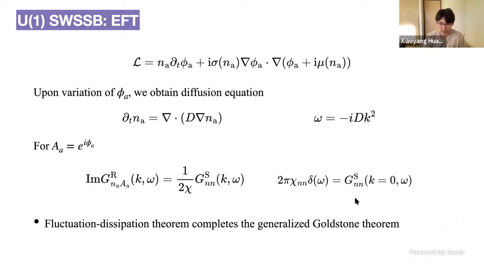Another way of putting this is that if you have a canonical ensemble, like in the U(1) case, you get a superposition of different points on the Mexican hat. But that is not a convenient starting point to study the Goldstone mode, because the Goldstone mode is really a low energy excitation of certain fluctuations of your order parameter.